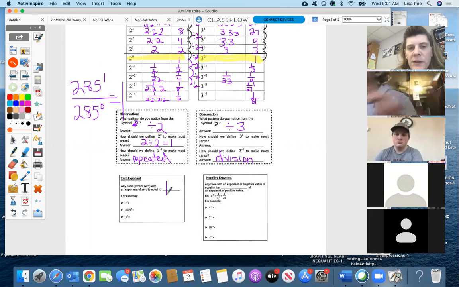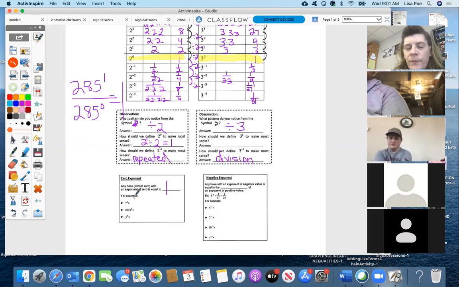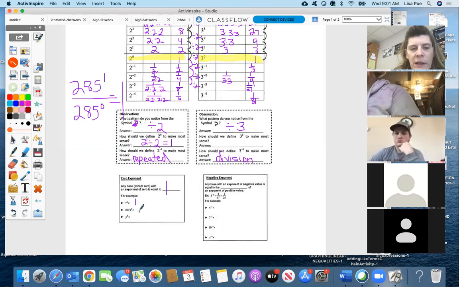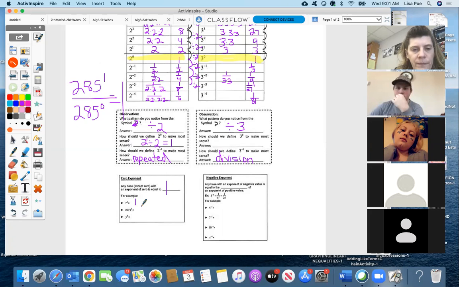So anything to the 0 power is 1. So 7 to the 0 power is equal to 1. 2019 to the 0 power is equal to 1. Y to the 0 power is equal to 1.